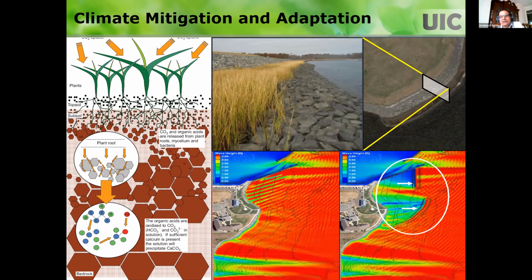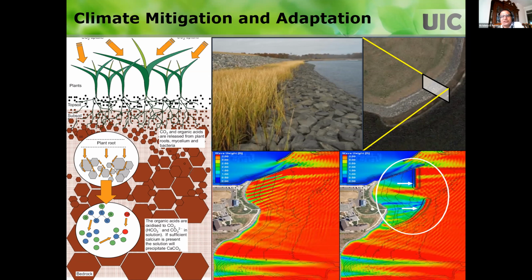So we can do a lot of different modeling to find out what adaptation strategies, what kind of things we can do to minimize the impacts of this climate change. So there are two things. One is, climate change impacts are going to happen. How do we adapt and minimize the damage?